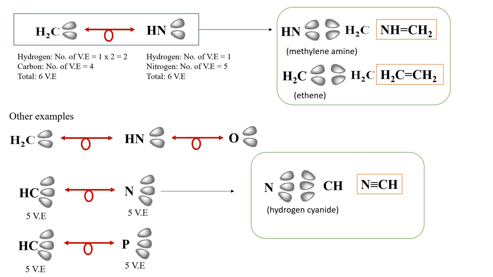Similarly, the CH fragment is also found to be isolable with the phosphorus radical with 3 frontier molecular orbitals with 1 electron in each and a total of 5 valence electrons. Like this, we can find out the different isolable species by checking the number of frontier orbitals they have and the number of electrons present in them.